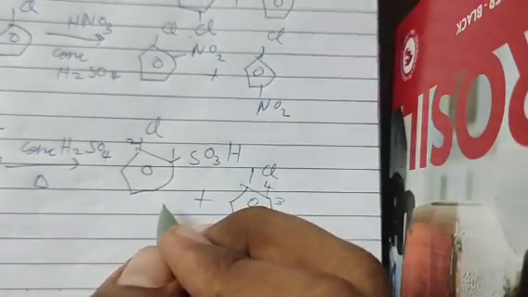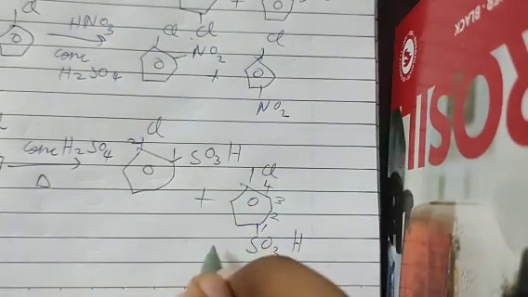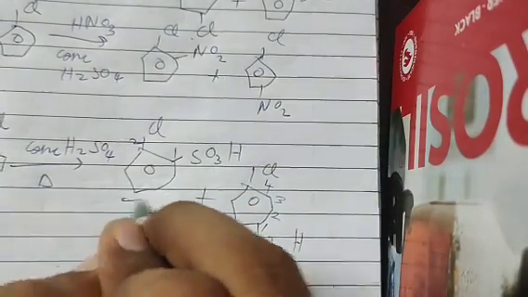This is known as 4-chlorobenzene sulfonic acid, and this is 2-chlorobenzene sulfonic acid. Again this is major and this one is minor.